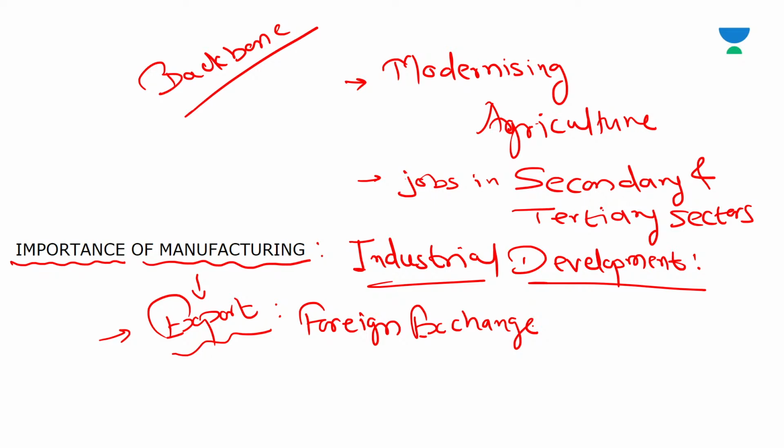Now, agriculture and industry are not exclusive of each other, they move hand in hand. For instance, the agro industries in India have given a major boost to agriculture by raising its productivity.